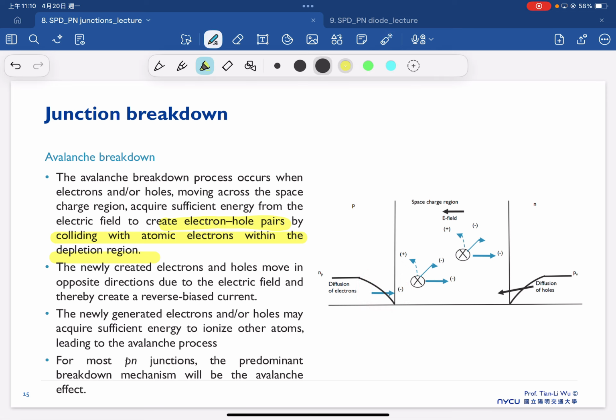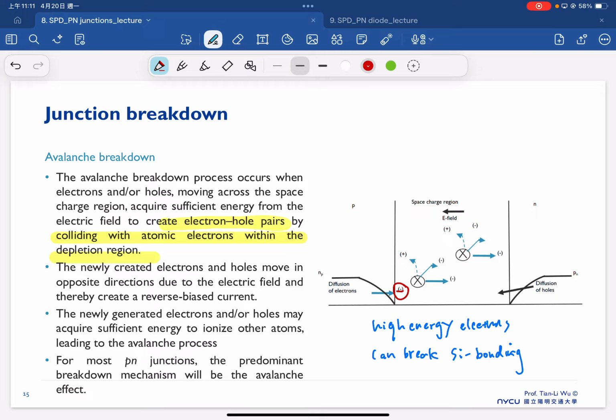These high energy electrons can break silicon bonding. Once a silicon bond is broken, it can simultaneously generate an electron and hole pair.